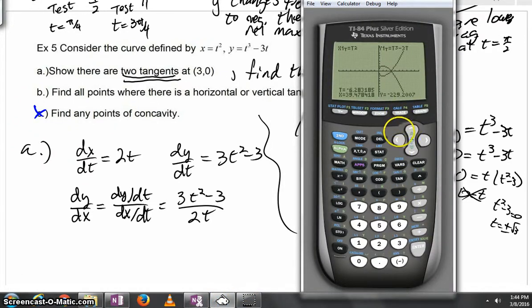Hit trace real quickly and type in the square root of 3. And it says, oh, you mean right there at 3, 0? Type in negative square root of 3. And it lands you at the same place. Do you see that? Isn't that nice?